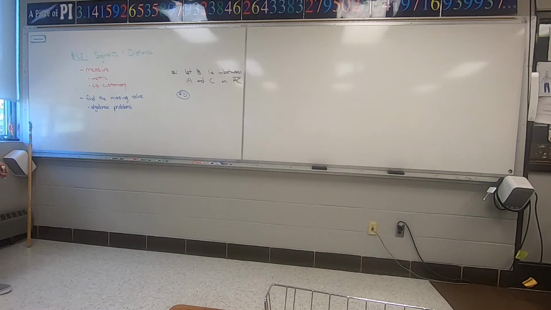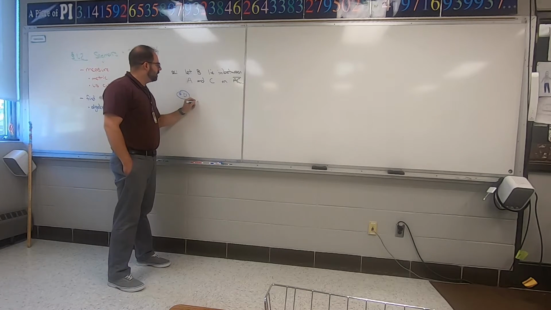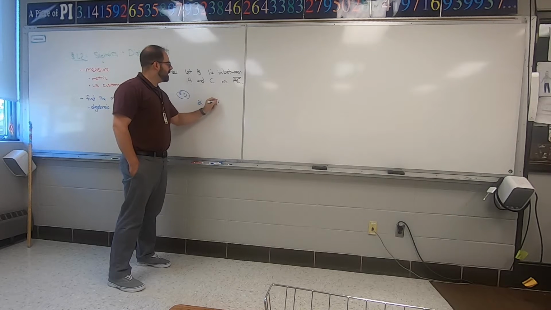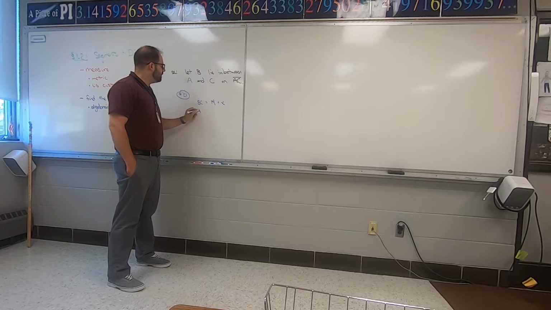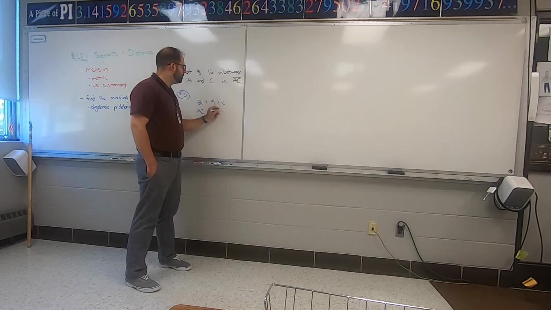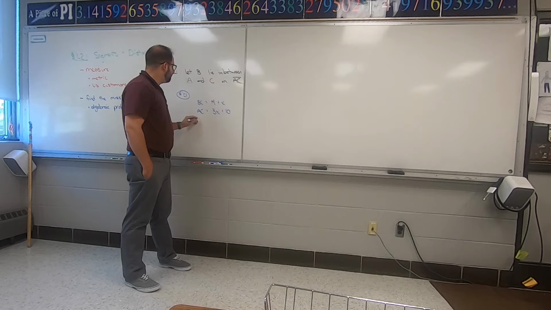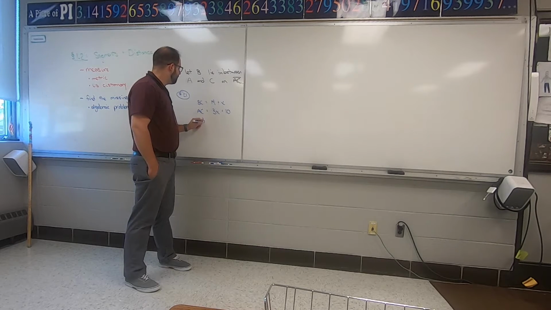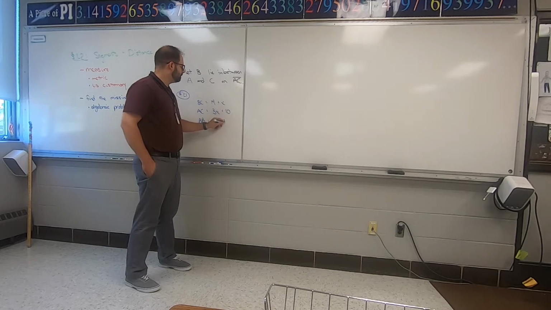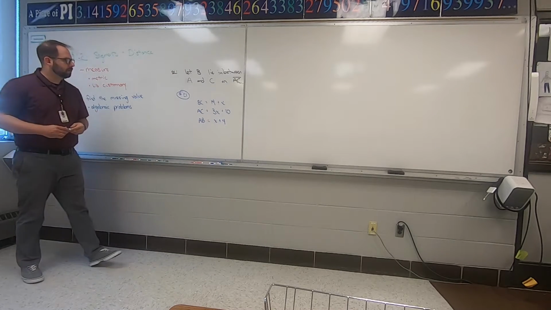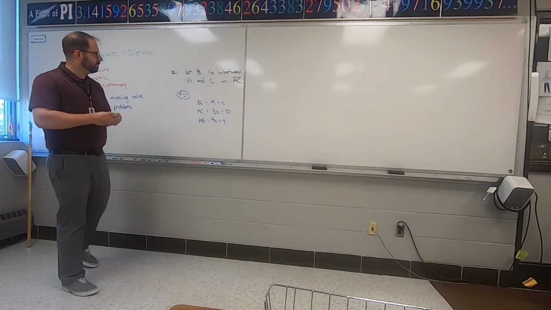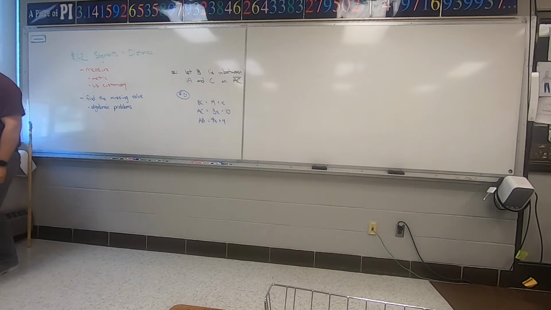So let's say this is number 21, and let's go with BC is 14 plus X, and AC is 3x plus 10, and AB is x plus 4. I don't know, let's go with 4x. Let's go 4x plus 4.